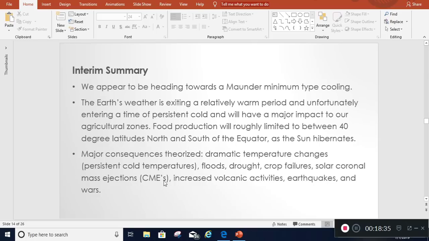So I haven't talked about that yet. Back in the 1800s, there was something called the Carrington Event, and basically the sun had this huge ejection of solar particles that fried all our telegraph offices across the country, and actually set a bunch of buildings on fire.